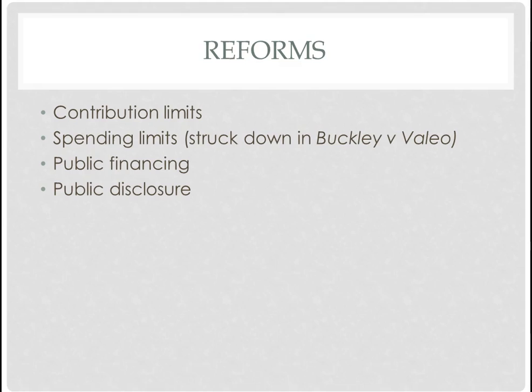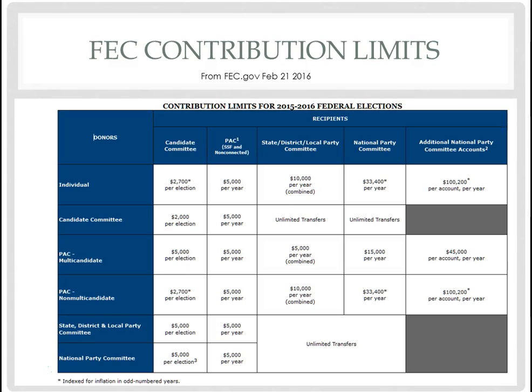Ultimately, the Roberts Court, in its more recent decisions, has upheld that and has overturned some of the stare decisis. Buckley v. Valeo did overturn the spending limits, but it did allow the other reforms. This is something that we will see undermined through the decisions of the Roberts Court.